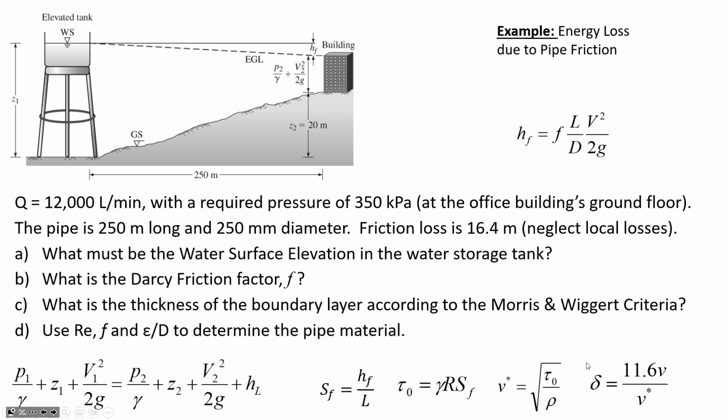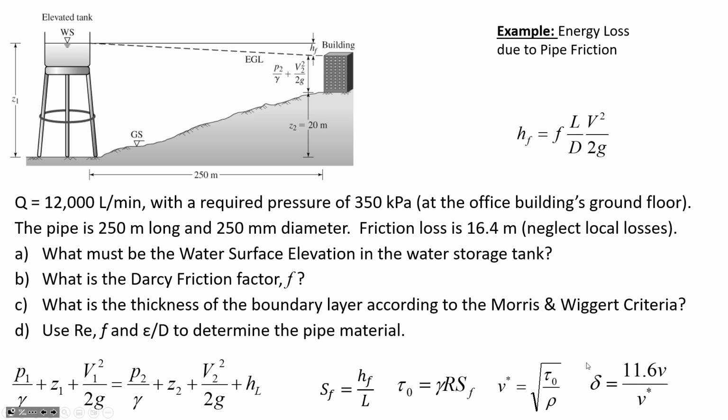Okay? And then the flow velocity, the velocity of the water going through the pipe, is the flow rate divided by the cross-sectional area. For a diameter of 0.25 meters, the area is pi d squared divided by 4, so pi times 0.25 meters squared divided by 4.